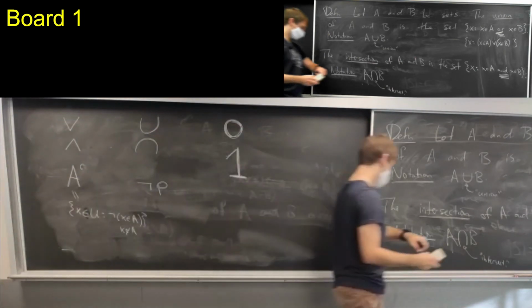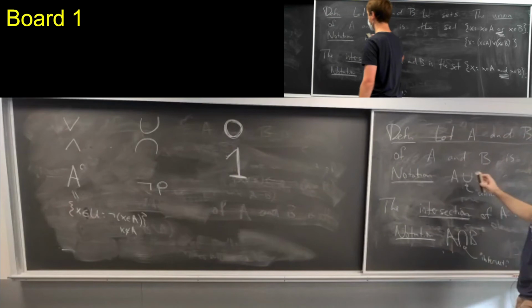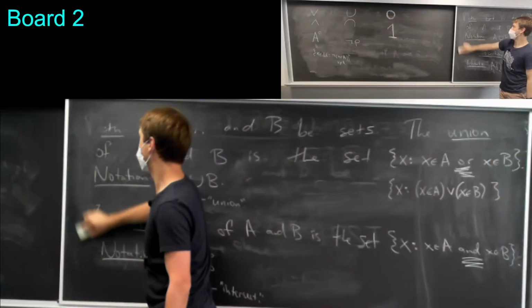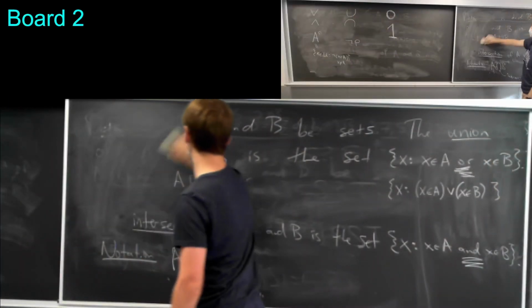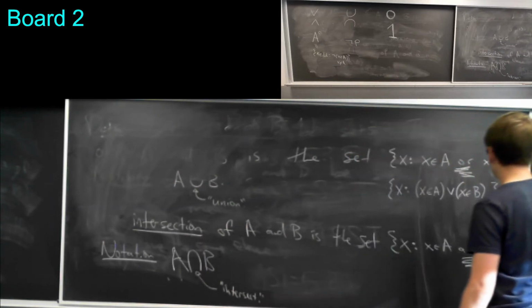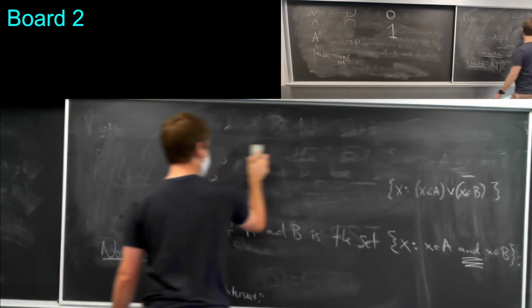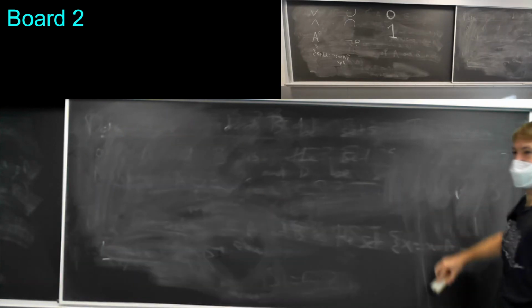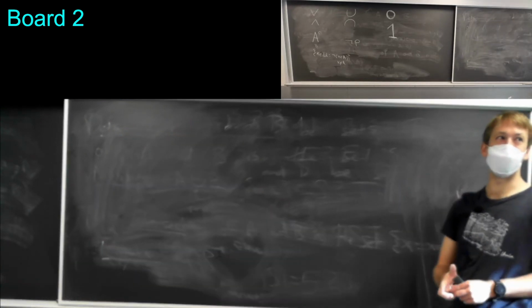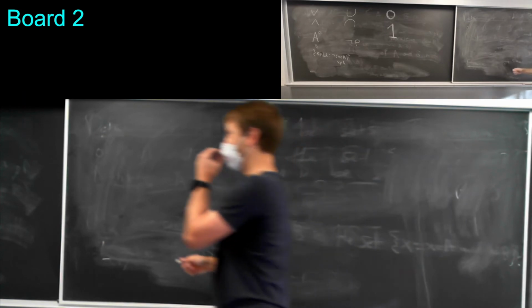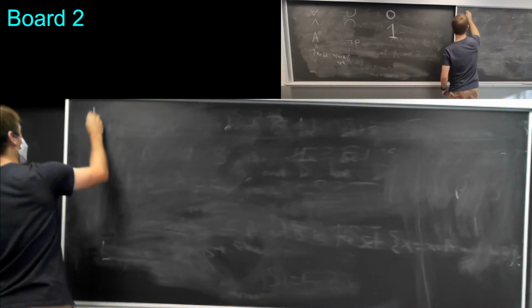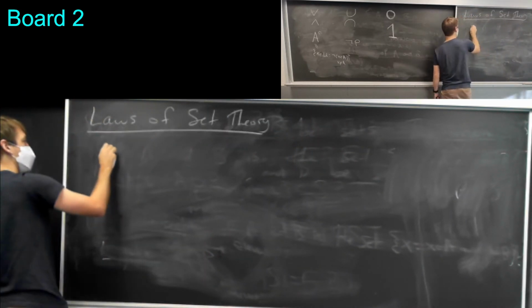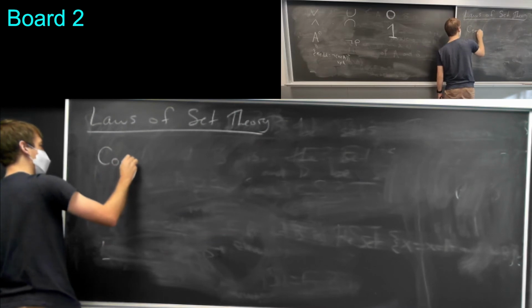So let me see if I can get you to guess the laws of set theory based on what you already know from logic. Maybe this will test how well you remember the laws of logic as well. So laws of set theory. Let's talk about commutativity.